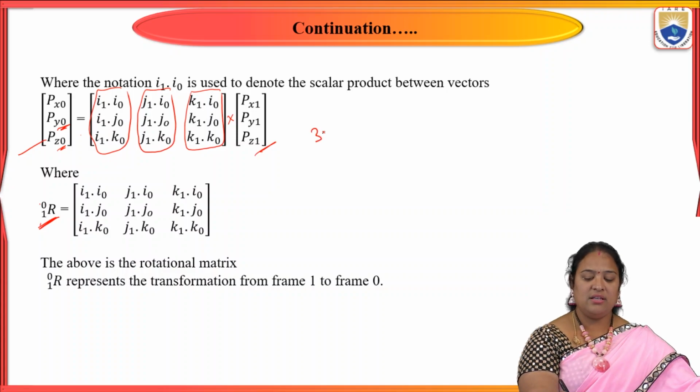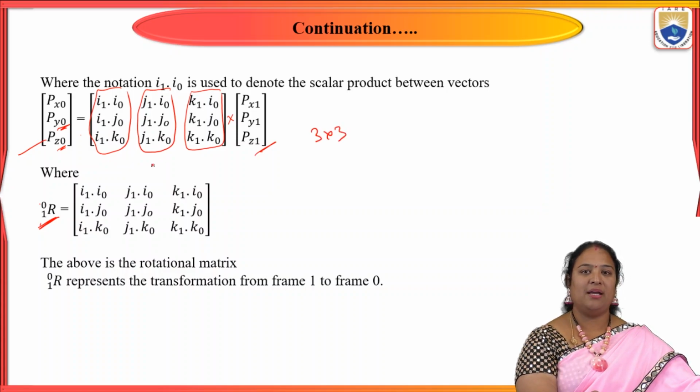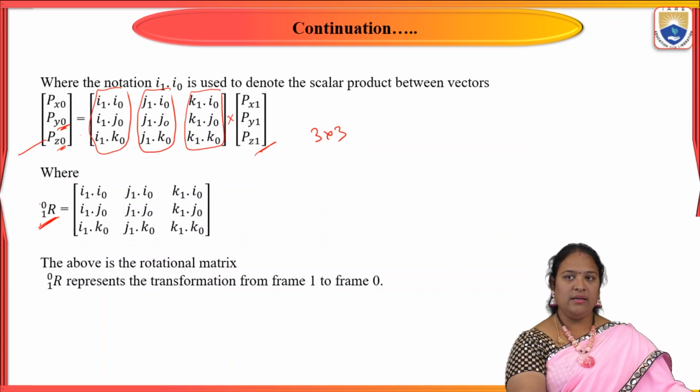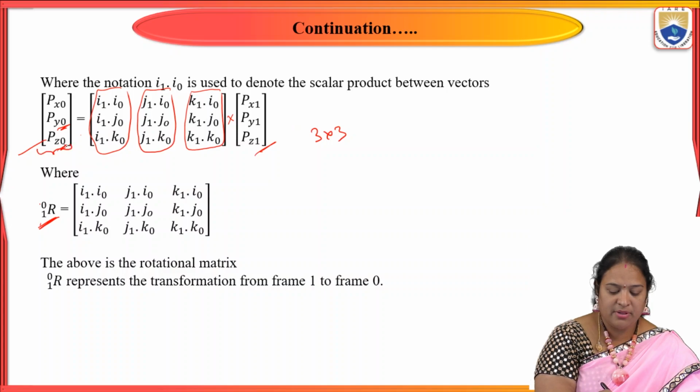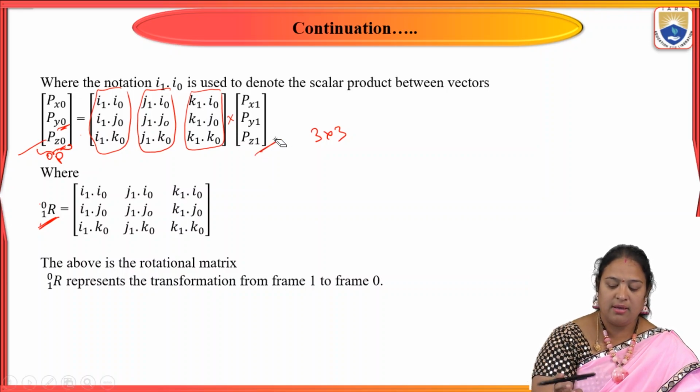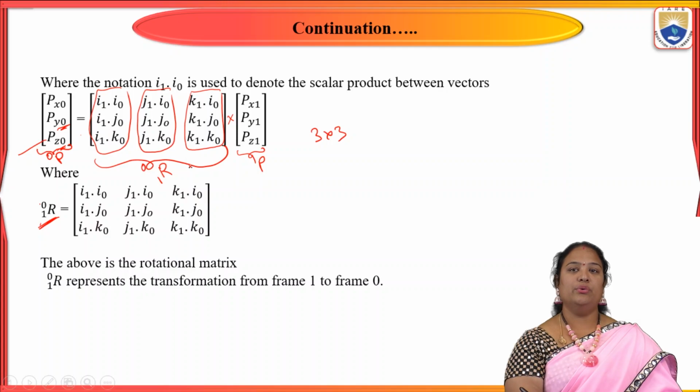Here we have a 3 by 3 matrix, written in terms of x0, y0 and z0, and in terms of x1, y1 and z1. This term is for the projection P naught, right? And this matrix is for the projection P1, and this matrix is known as the representation 1 to 0.